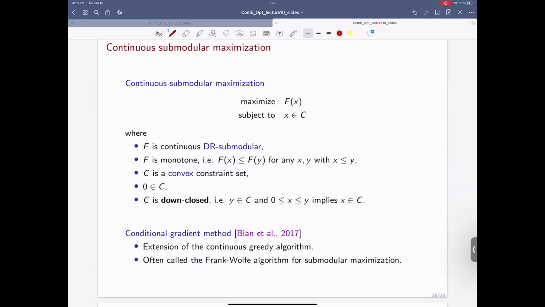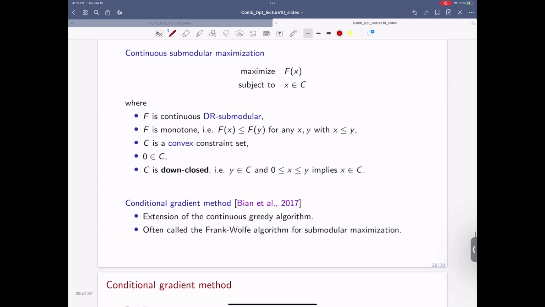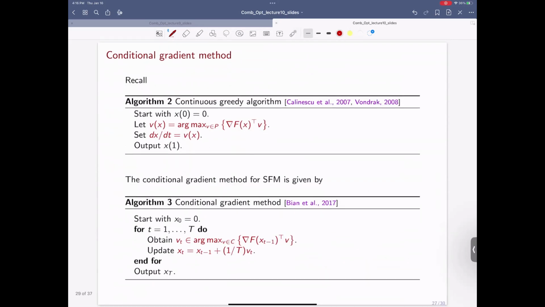For the convex case, we took the original point and the vertex and took a convex combination between the two, but the update rule here is different. You can view this conditional gradient algorithm as a discretization of the continuous greedy algorithm.